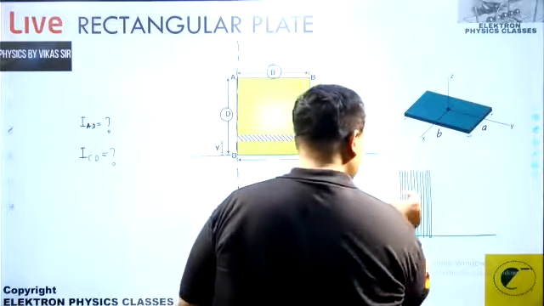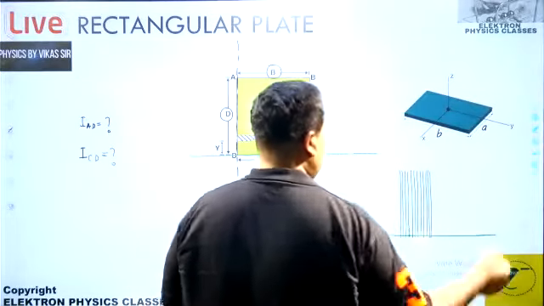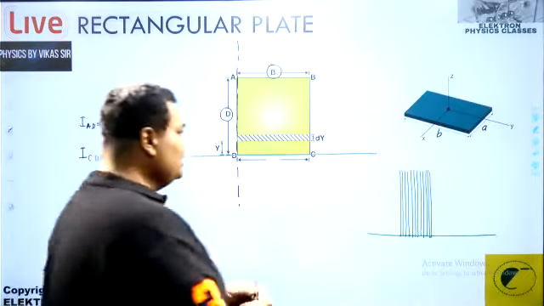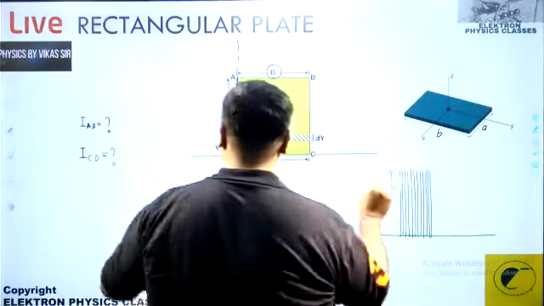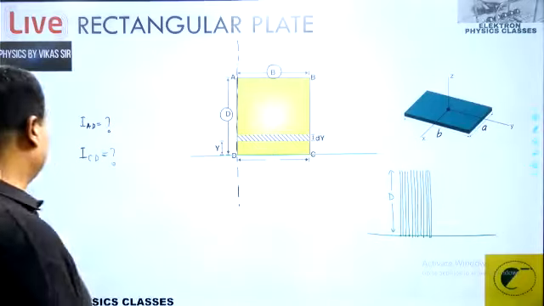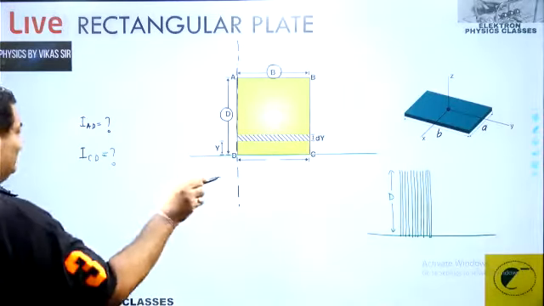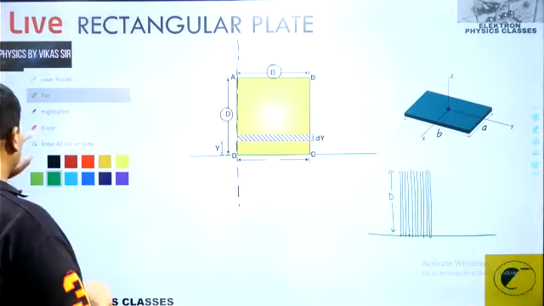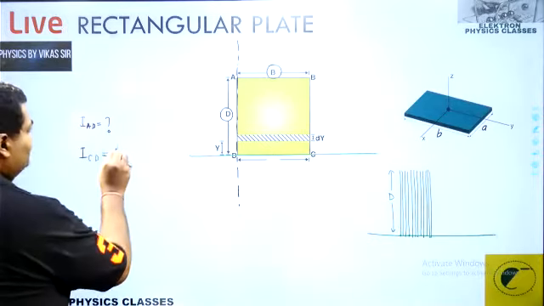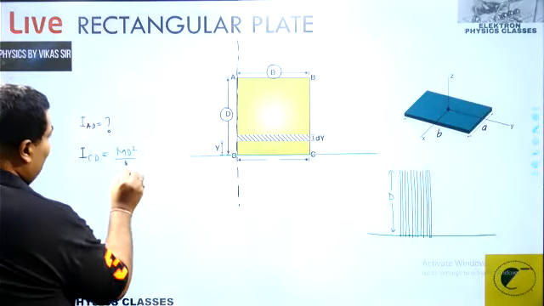So that will be dm l square by 3. If you integrate, what do you get? ml square by 3. But then you need to check the length, and here the length is given as d. Therefore, the moment of inertia about the CD axis is ml square by 3, where l here is d, so that's md square by 3.